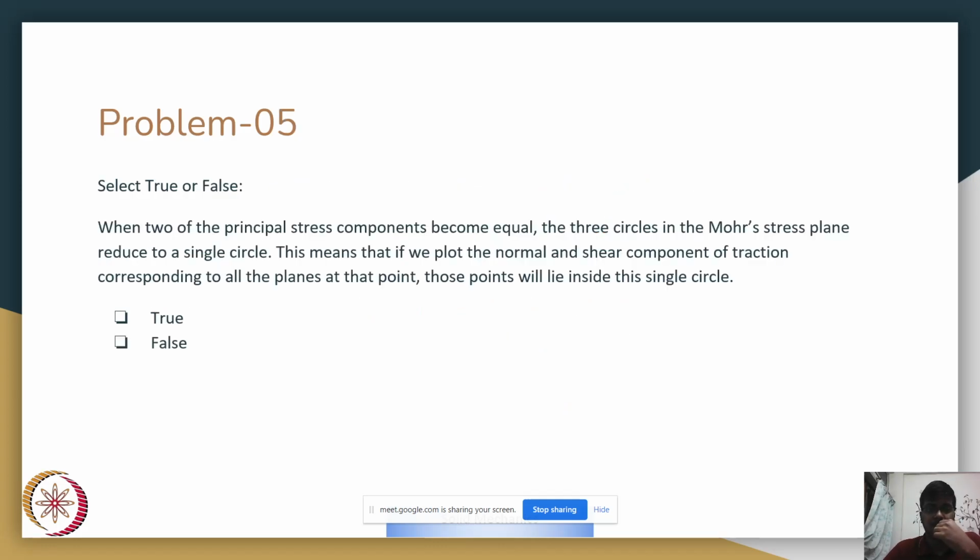The fifth problem is a simple true or false problem. When two of the principal stress components become equal, the three circles in Mohr's stress plane reduce to a single circle. So Mohr's stress plane is like this.